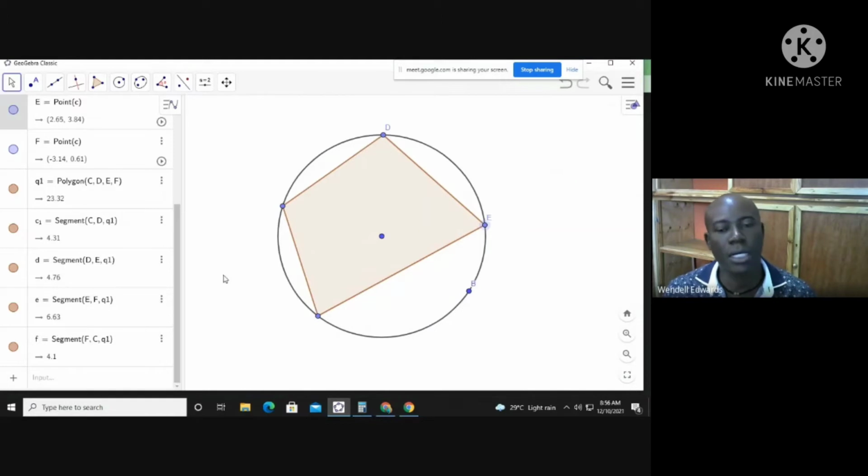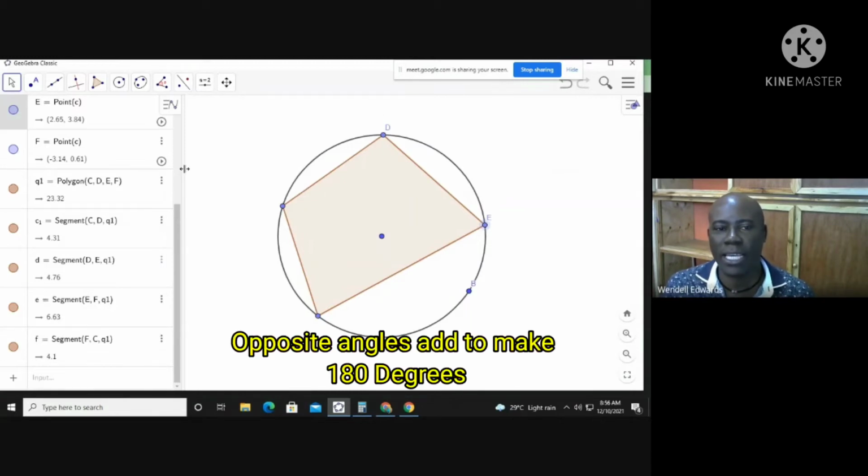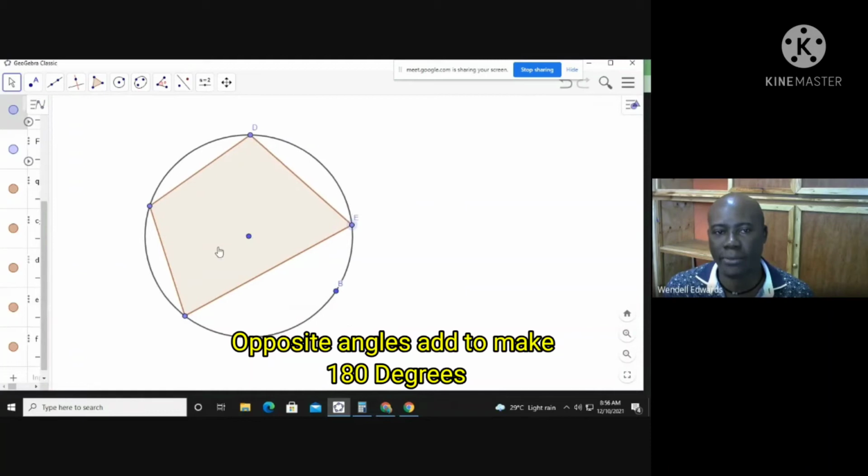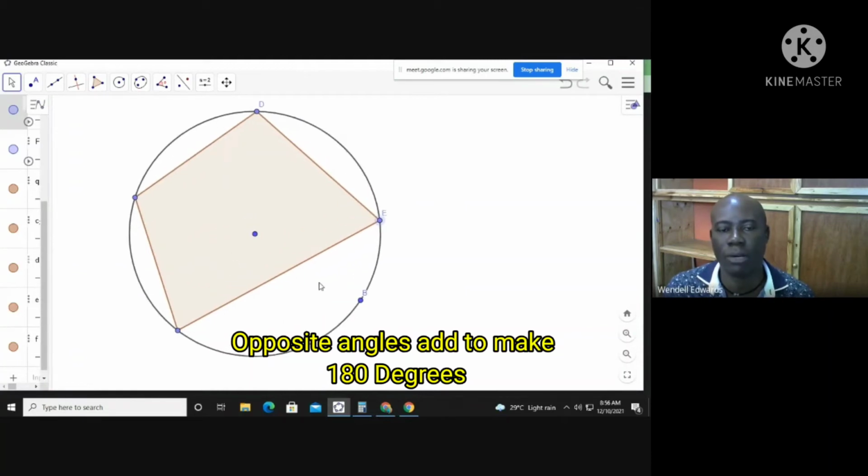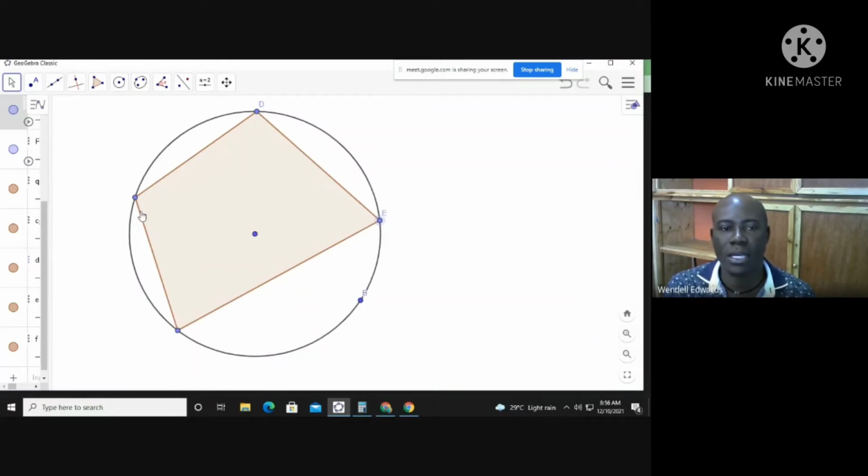And when this occurs, then we have some special relationship going on. In a cyclic quadrilateral, opposite angles are supplementary, which means they add to give 180 degrees.